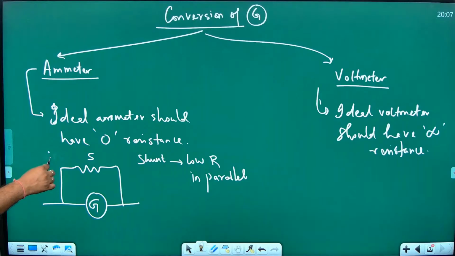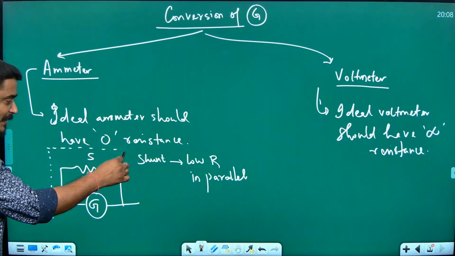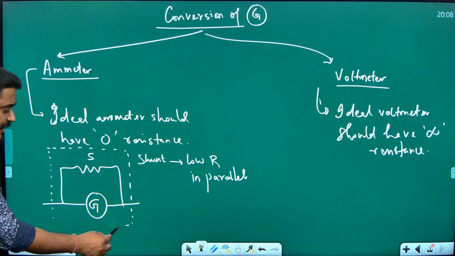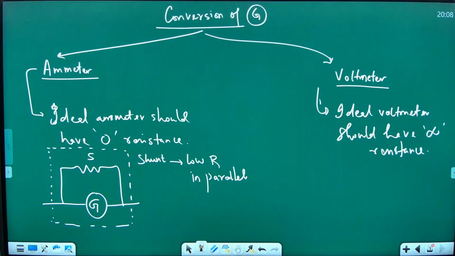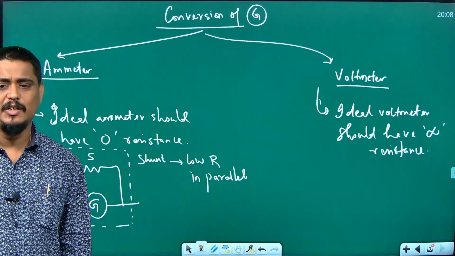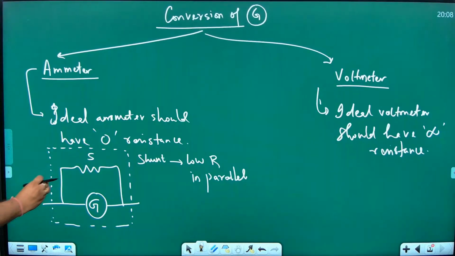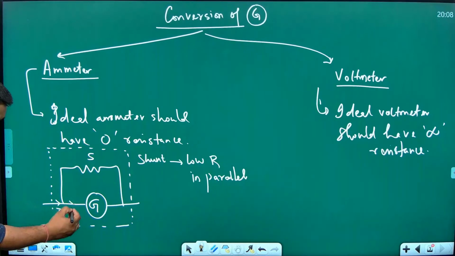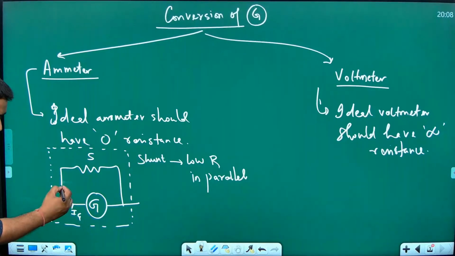By adding a shunt resistance in parallel to the galvanometer. And what is shunt resistance? Shunt means it is a small or low resistance which is going to allow maximum current to pass through it. Now, suppose the current I was coming and Ig was going through the galvanometer, how much will go through the shunt?